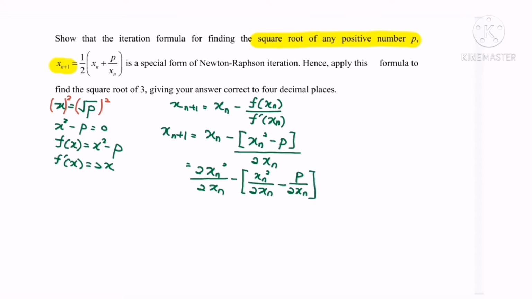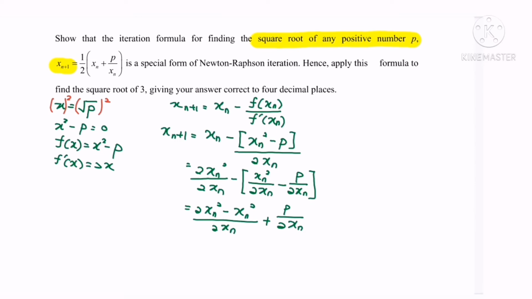So rewrite the situation: 2x sub n squared minus x sub n squared over 2 multiplied with x sub n, plus p over 2x sub n.